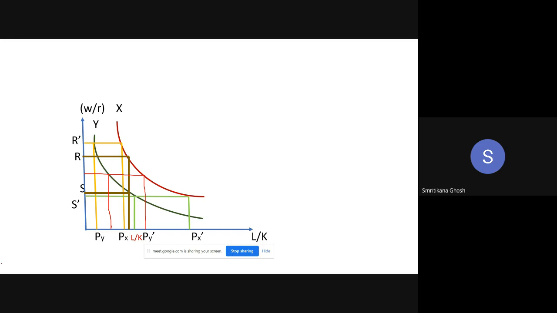So this is L by K supply, this is L by K demanded by the X sector and this is L by K demanded by the Y sector. So it's just the average. Availability is just the average of the demand of both sectors. So it is possible.